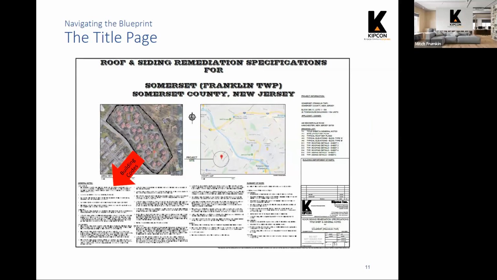In the case of a site work project or a road replacement project, it'll likely refer to Department of Transportation standards. So whatever the applicable design criteria is for a project, this is likely where you'll find it, in the general notes on the cover sheet.